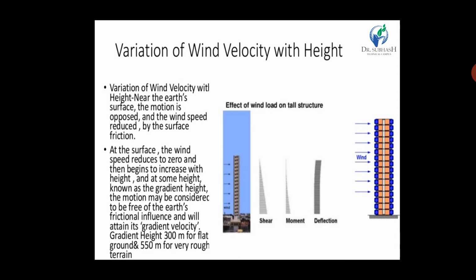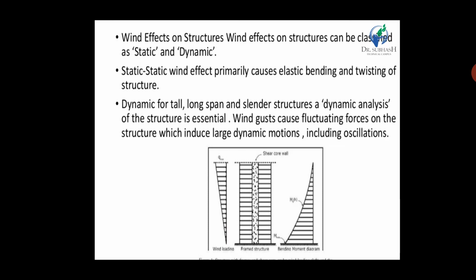The wind effects on structures can be classified as static and dynamic. Static wind effect primarily causes elastic bending and, very severely, twisting of the structure. This should be prevented in our building because twisting moment is very dangerous, and when the height is higher, the effect on the building is more severe.